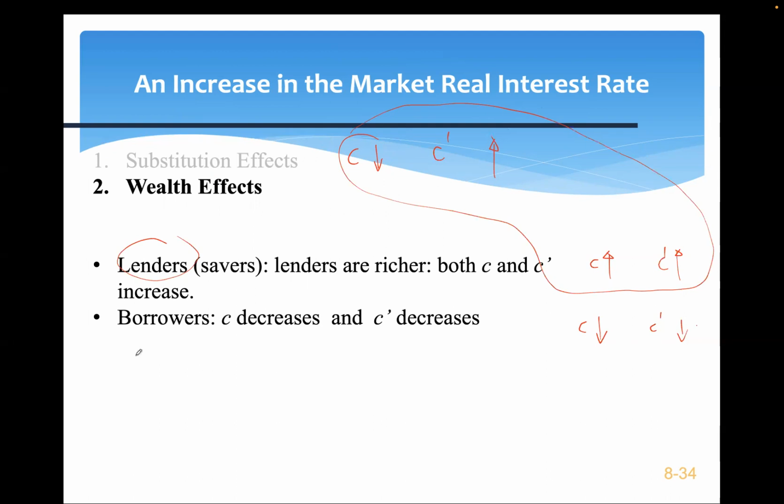So clearly, if you're a lender, let me write down here, lender: C we don't know, but C prime is going to increase. If you're a borrower, then we are going to combine this with this.